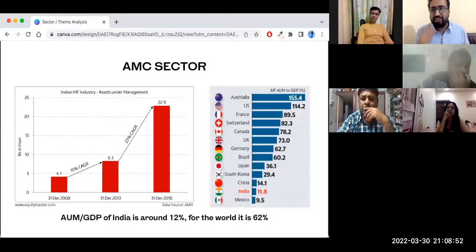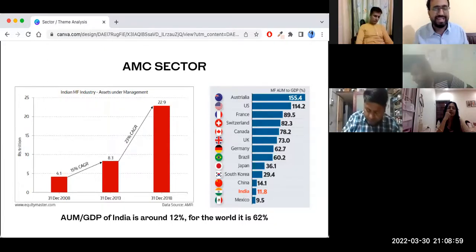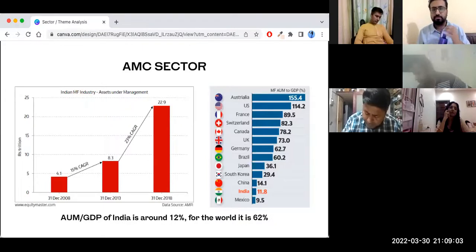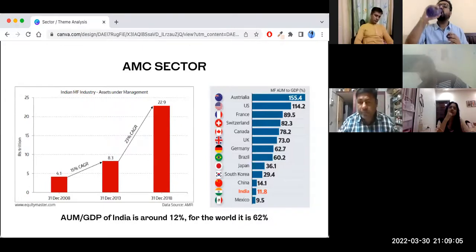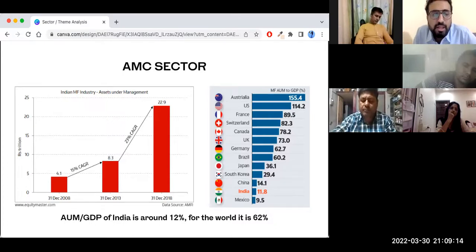Then if we stay in the financial sector, then comes AMC. Now, what is AMC? AMCs are asset management companies. Right? Look at the CAGR. Look at the growth rate here.